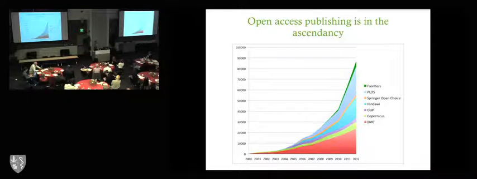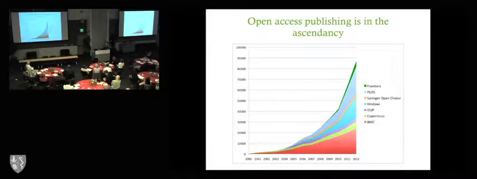And it's not just PLOS. There's BioMed Central, there's Hindawi, there's a whole bunch of publishers who are making successful businesses out of open access. There are now a large number of venture-funded open access journals popping up in California and across the world. This is now a major successful business. That's the number of publications from each of these journals, right?